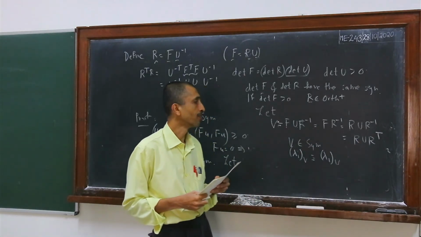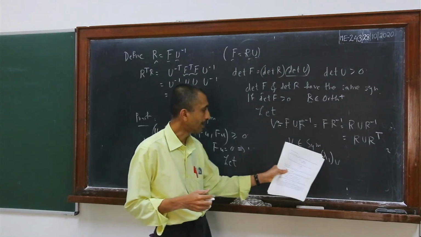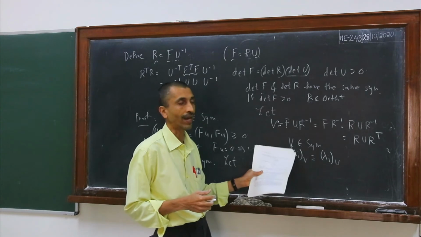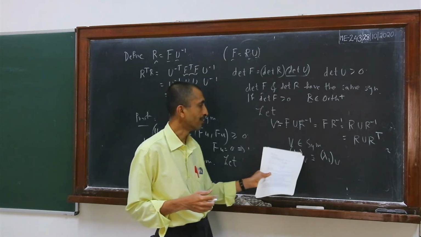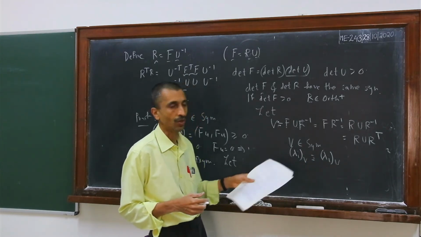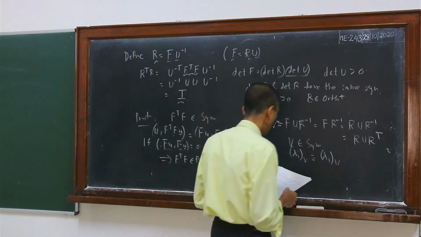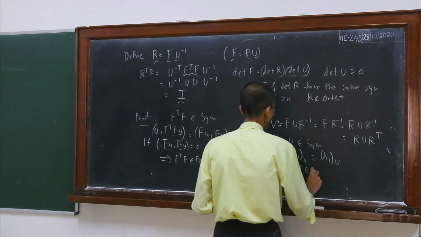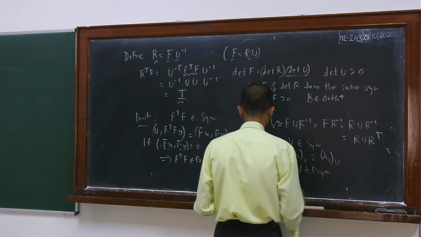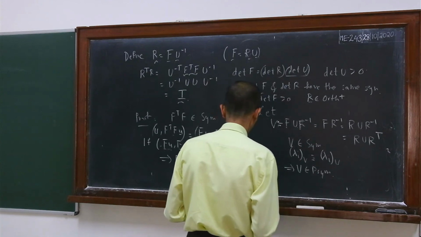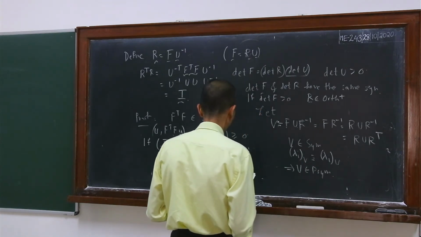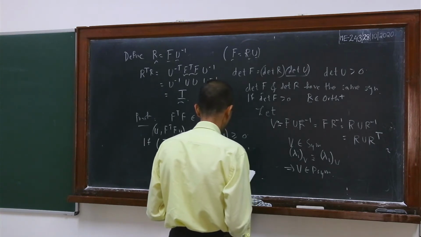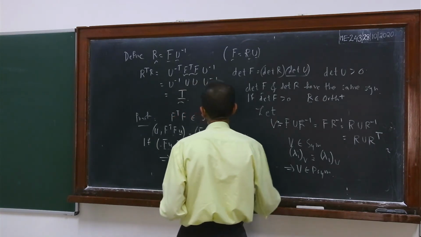Hence it is a positive definite symmetric tensor, which implies that V belongs to P sim. Now if you take F times F transpose, let us write that here somewhere.